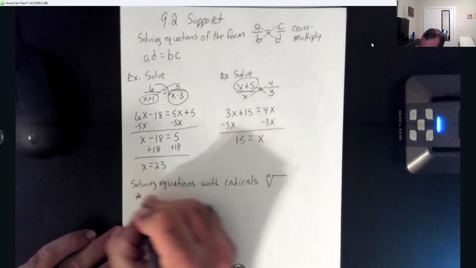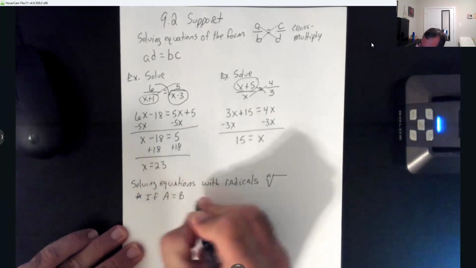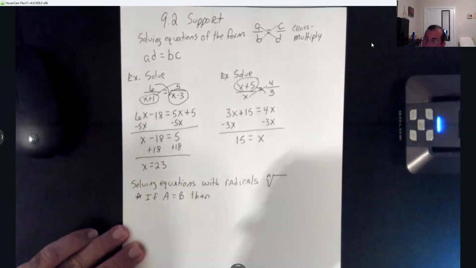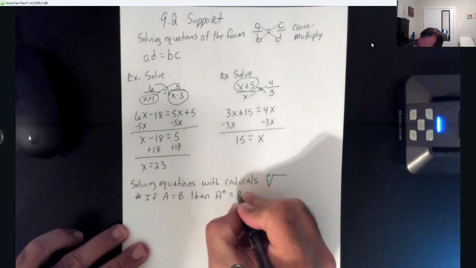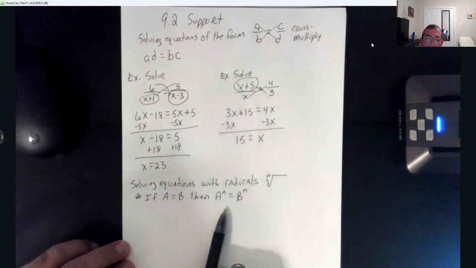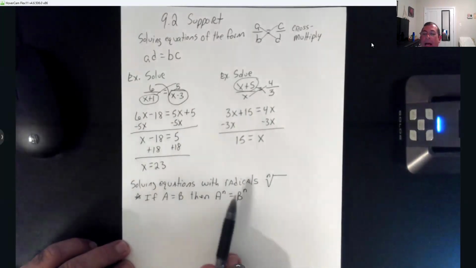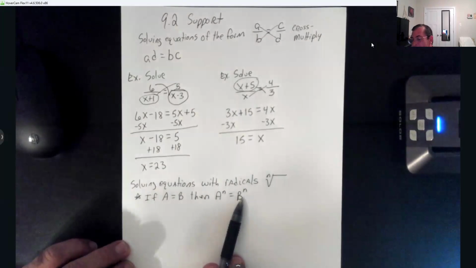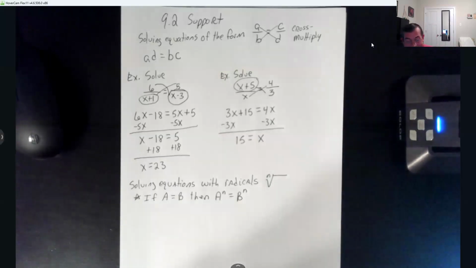So there's a little property that tells us if A equals B, then A to the n equals B to the n. So this goes back in it. What it means is if I raise one side of an equation to an exponent, I got to do that to the other side. Okay? And it's going to be the law anytime you got equations. What you do to one side of those equals, y'all, you got to do to the other side, okay?